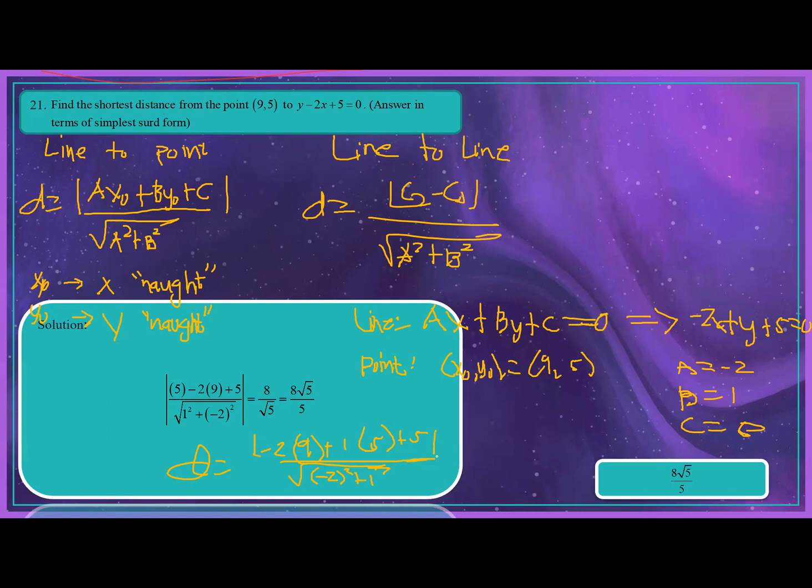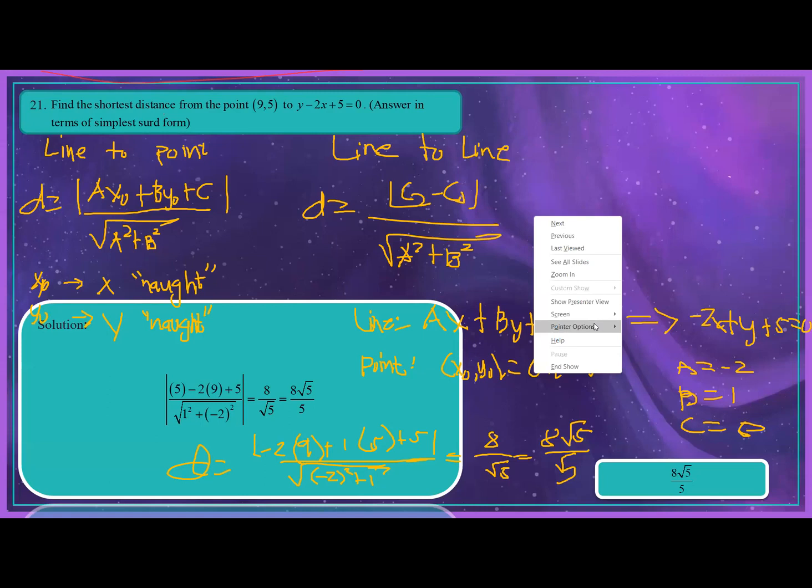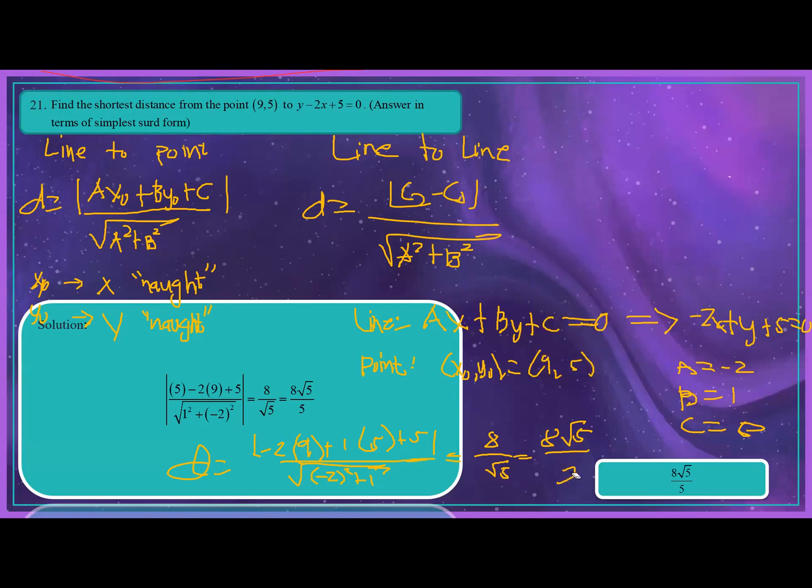And also don't forget the absolute value because that's distance. So we have 8 over square root of 5, which is 8 square root of 5 over 5. Okay. Any question?